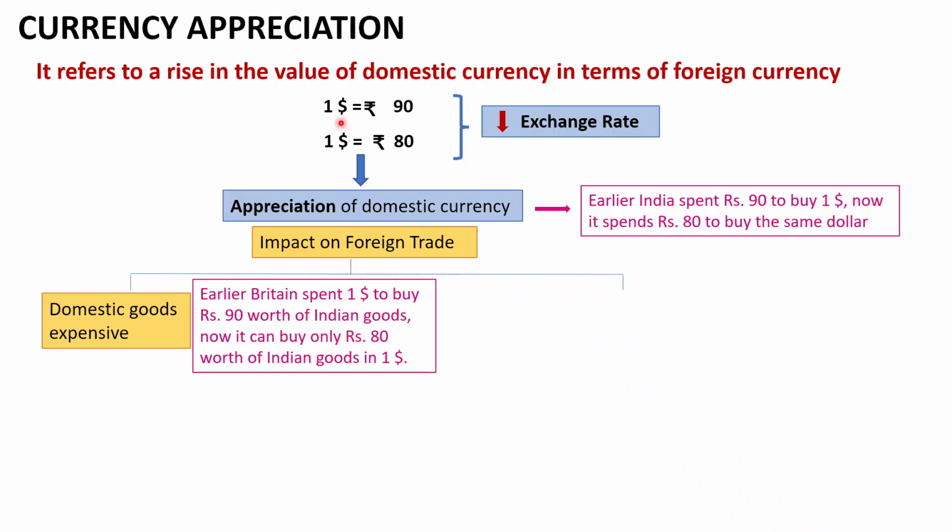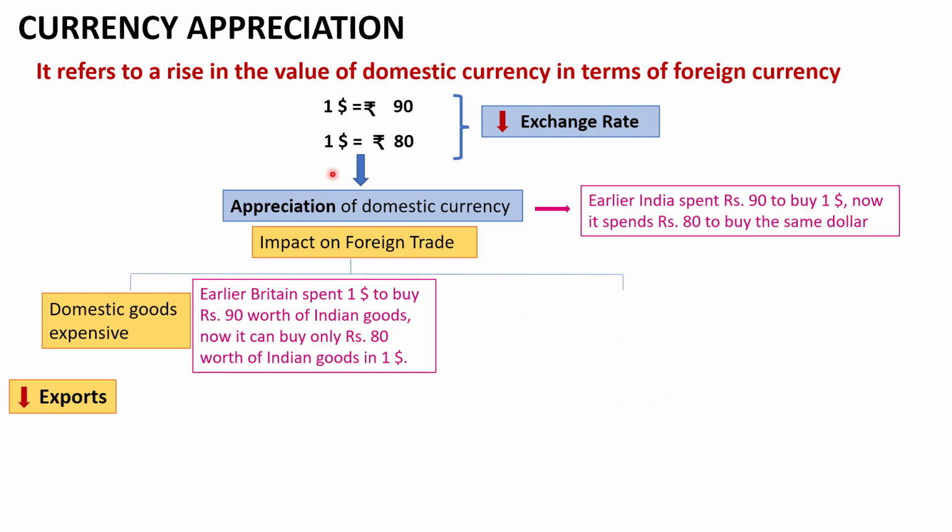Earlier, Britain spent $1 to buy 90 rupees worth of Indian goods. Now, Britain has to spend $1 to buy 80 rupees worth of Indian goods. So now Britain can buy only 80 rupees worth of Indian goods by spending the same amount of dollars.